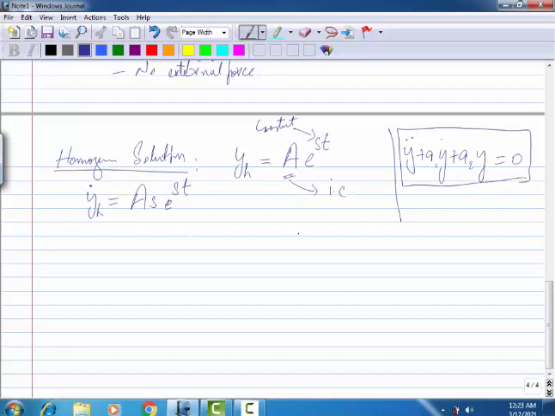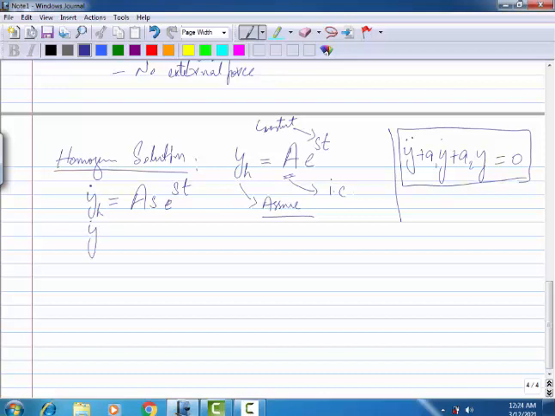For that I need the second derivative, and I also need the first derivative. So I take the first derivative of the assumed solution. This is my assumption, I assume this is my solution.